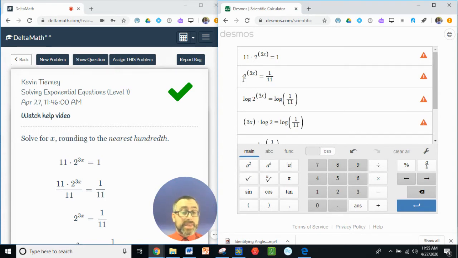We then rewrote the equation using logs as prefixes to both of these sides of the equation. Because we now have logarithms, we can use some rules of logarithms to shift this 3x exponent in front into a coefficient. So this 3x goes from the exponent all the way over here to a coefficient.